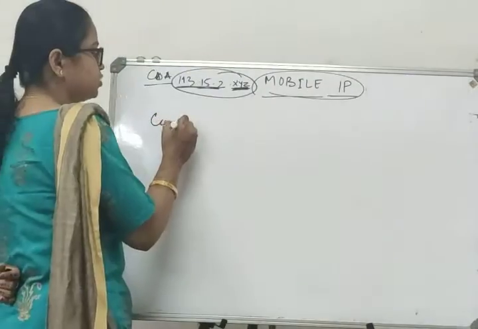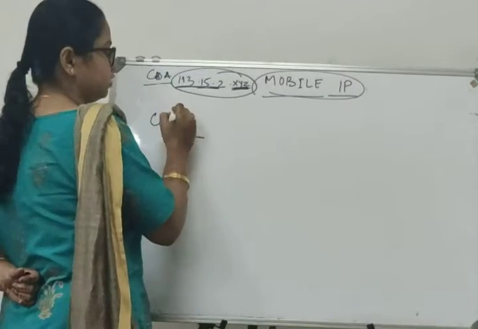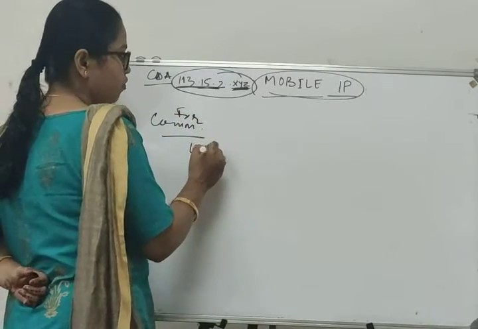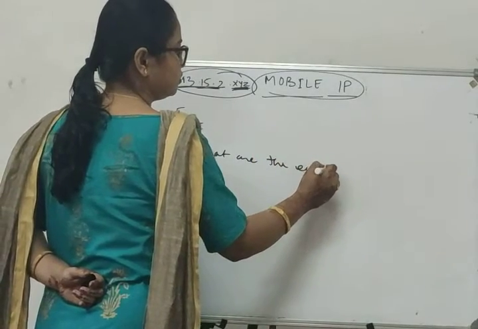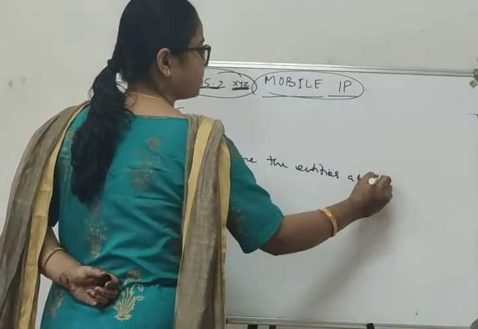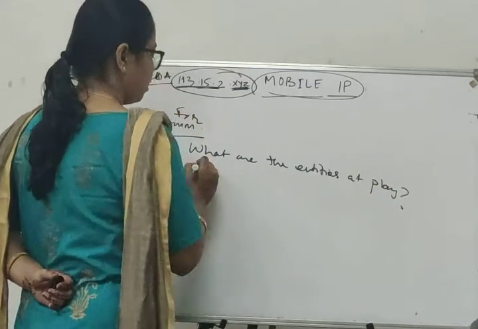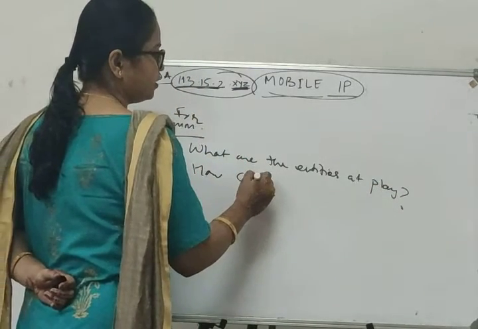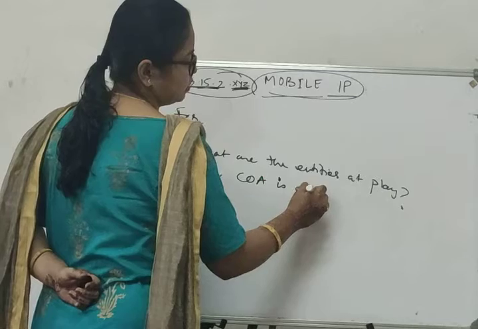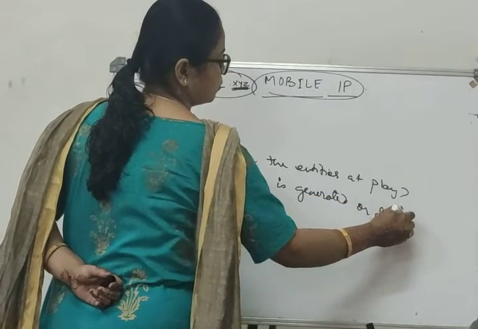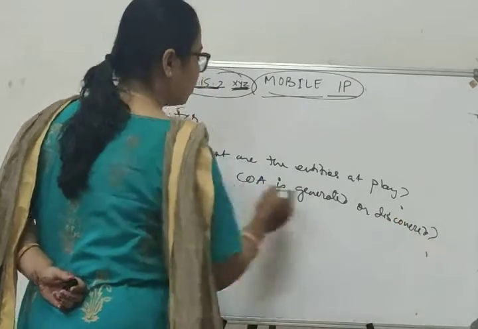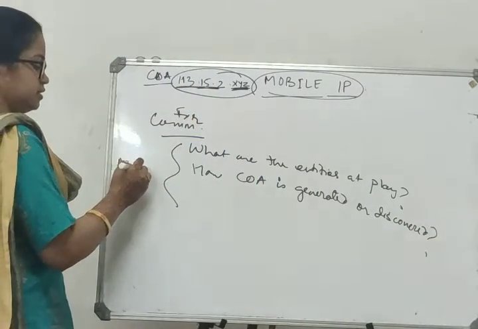So for communication to be achieved, what are the entities at play, and how the care of address is generated or discovered. All this we will discuss in the next class.